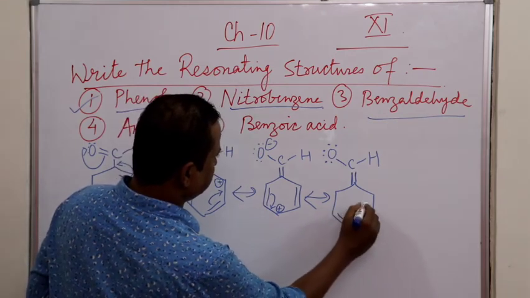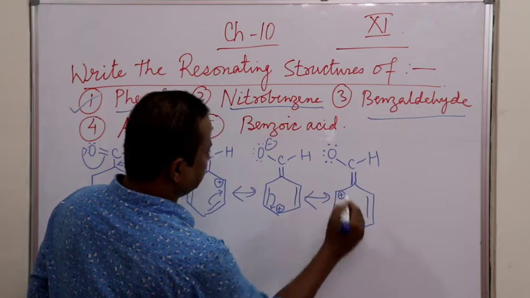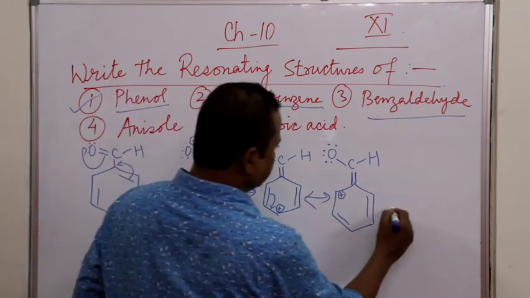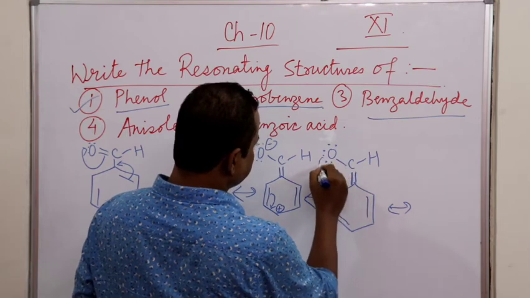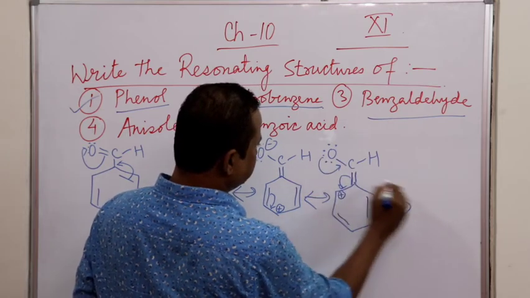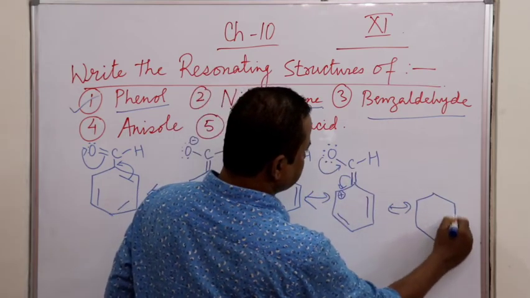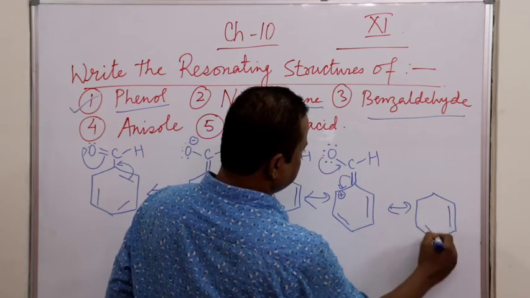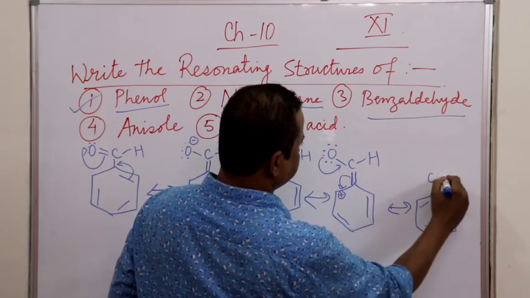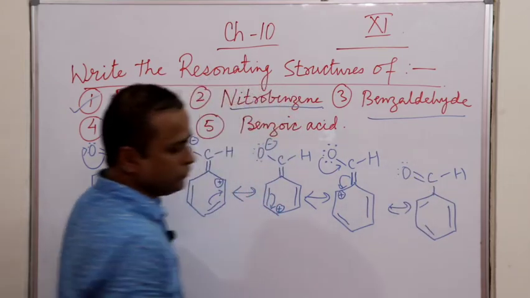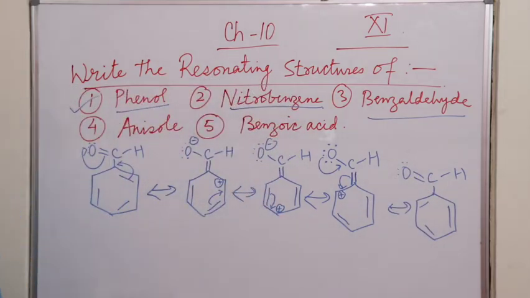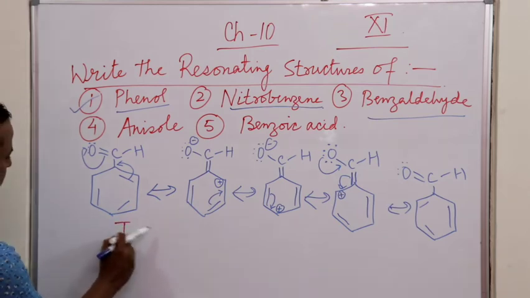And finally here this plus charge will come, and these electrons will attack here, and this will come here, and we will get this final structure. Okay, so these are the 5 resonating structures of benzaldehyde.